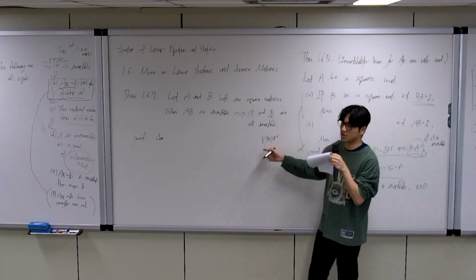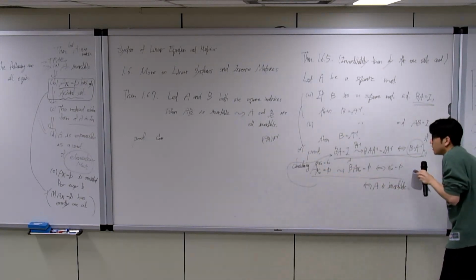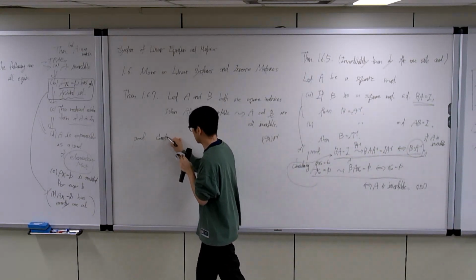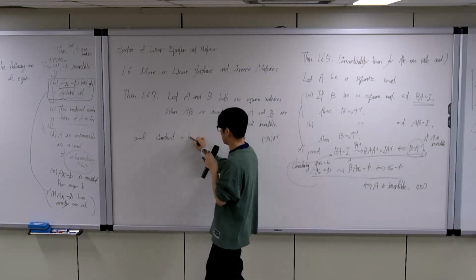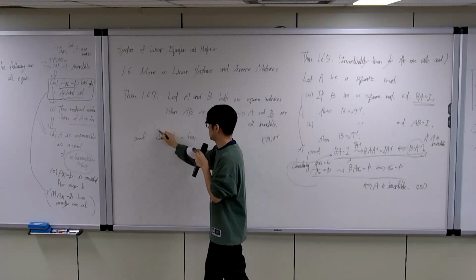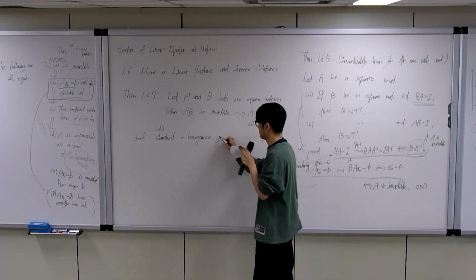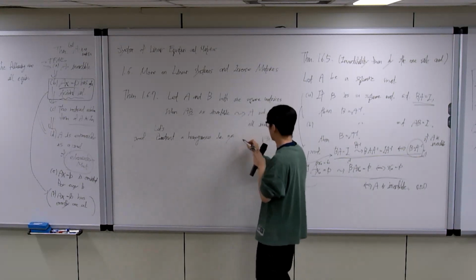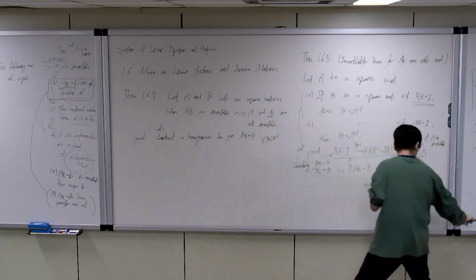Then it will give the invertibility of A. So let's construct a homogeneous linear system, Bx equals 0.